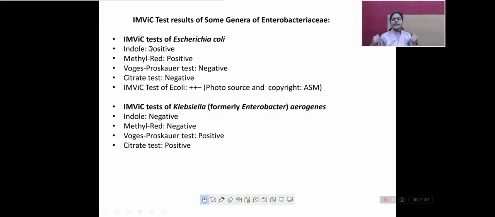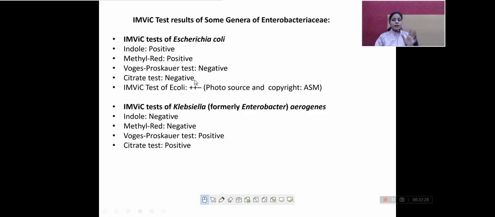The VP test is negative, which means they do not produce a red-brown color, right? The citrate test is negative, which means they do not utilize the citrate and there is no color change from green to blue. So the IMViC pattern for E. coli is plus plus minus minus: indole positive, methyl red positive, VP negative, citrate negative, right?